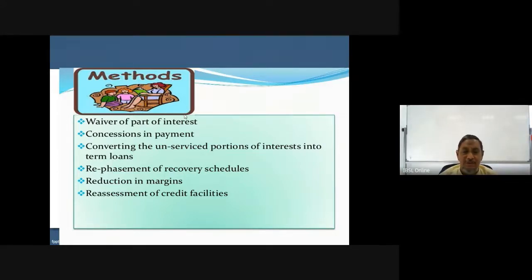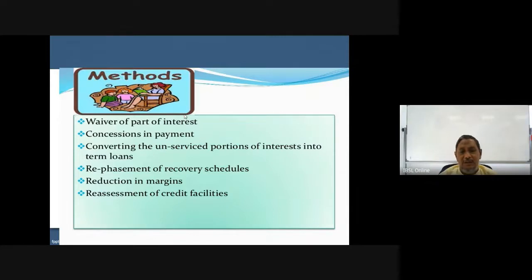The viability has to be there. Therefore, whenever a customer asks for a waiver of interest, at least we have to recover our cost of funds already incurred for the facility. So we can do part waiver and part recovery.